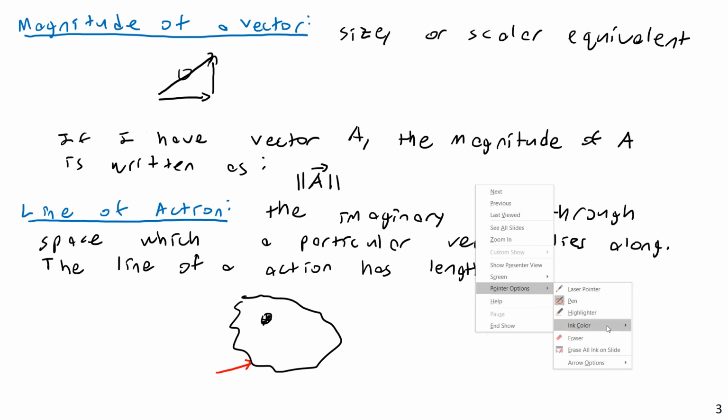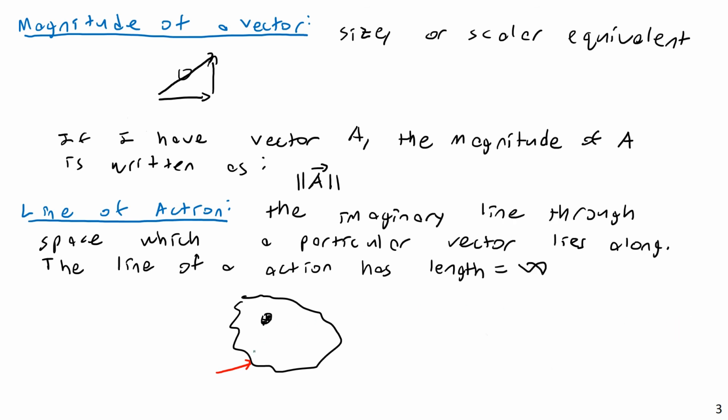If I apply a force to this body, well, here is its line of action. The force would be passed into the body, but the force itself, if I'm floating in space standing out here, I'm not going to feel the effects of this force.